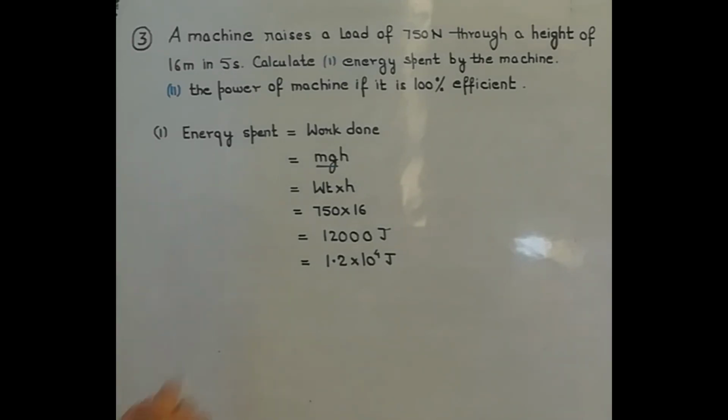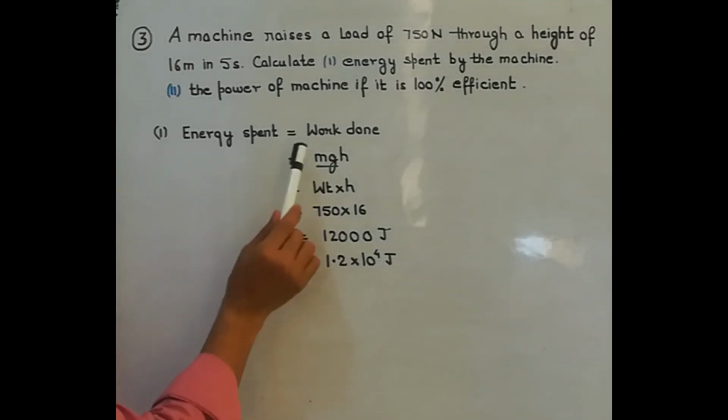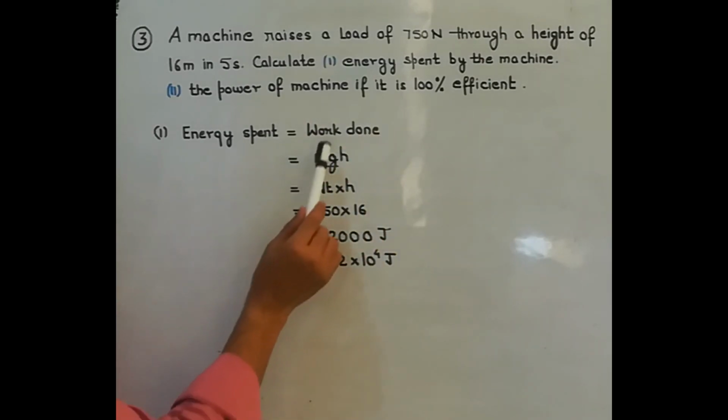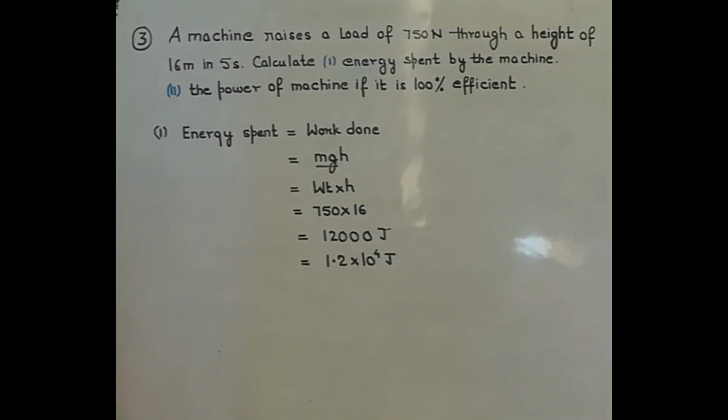So this is work output because this is the work done by the machine. So from work output you can calculate power input. So let's calculate input power. Output, first of all, we are going to calculate output.